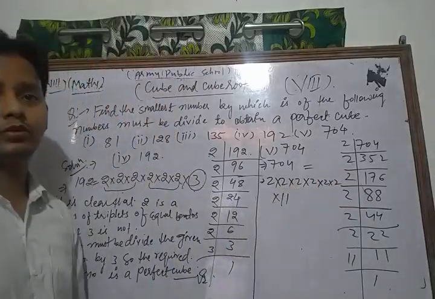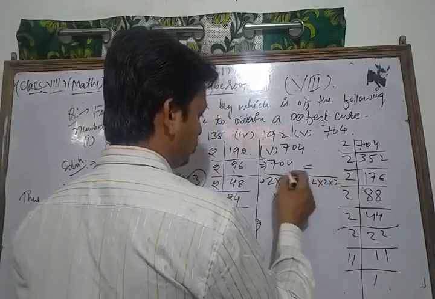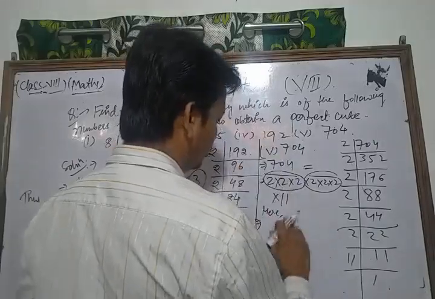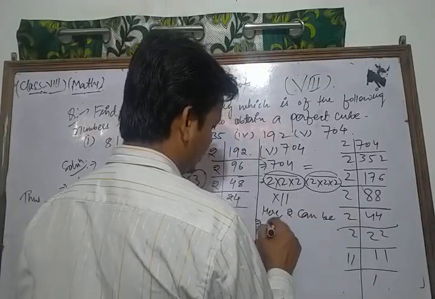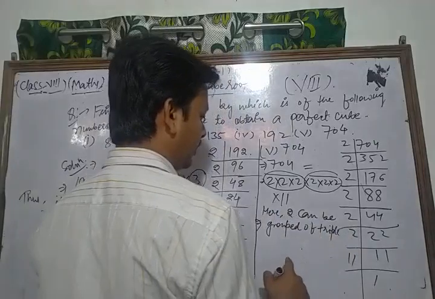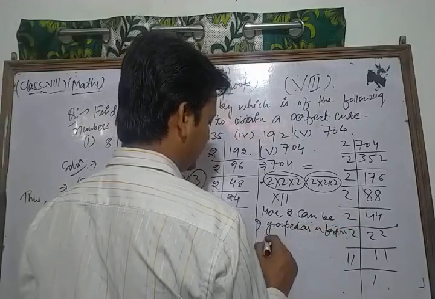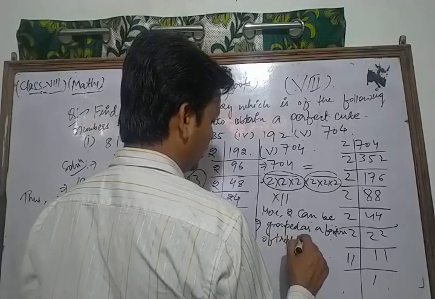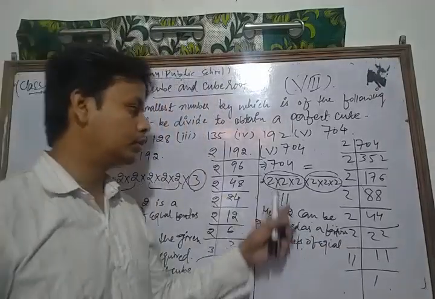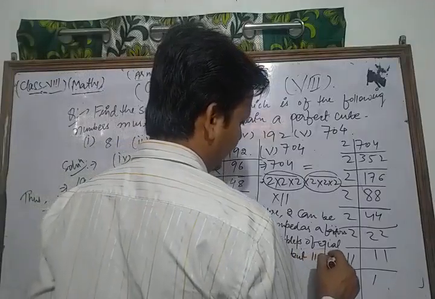Now what I get, dear friends, let's see here, we observe that 2 can be grouped in triplets of equal factors. Let's see, here 2 can be grouped as factors in triplets of equal factors, but 11 is not.